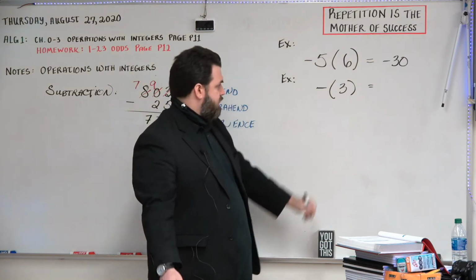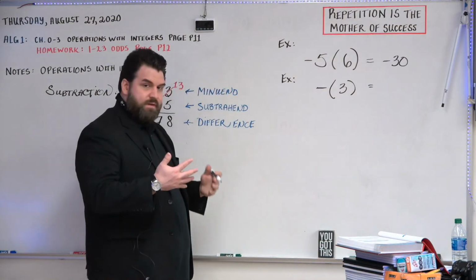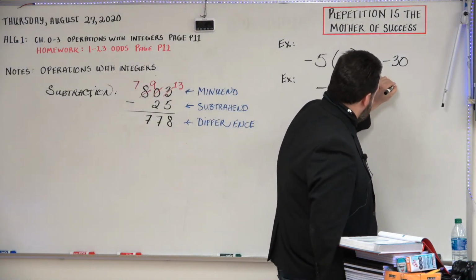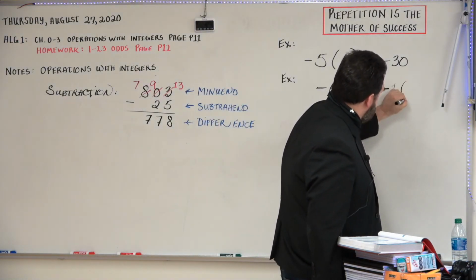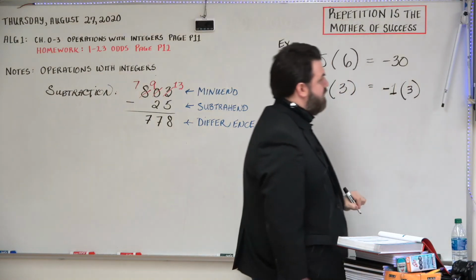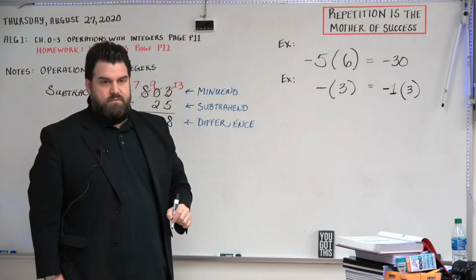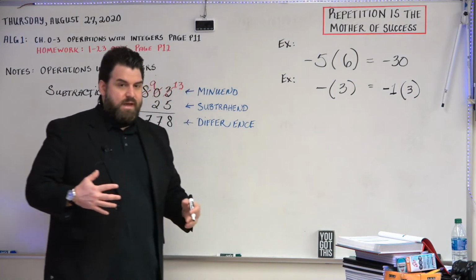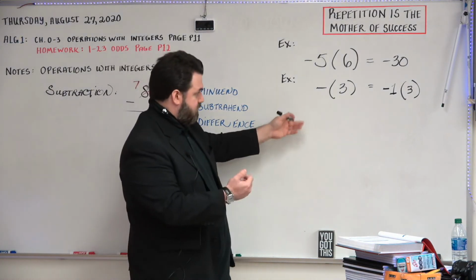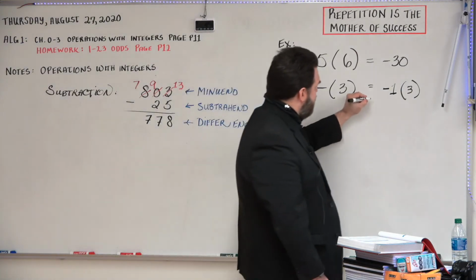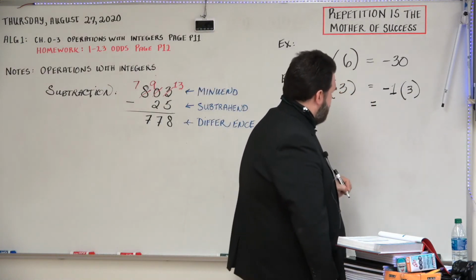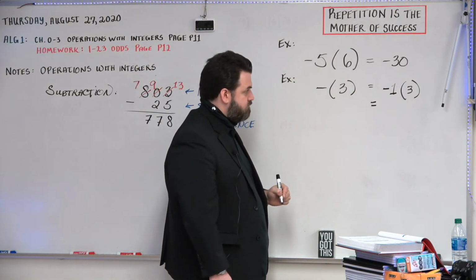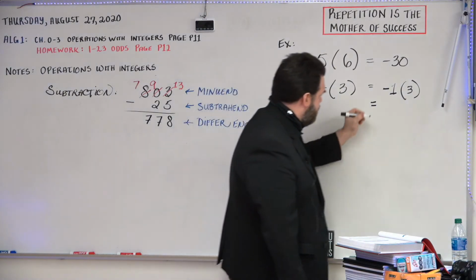What's really happening is that this is -1 times 3. This will become more important when we're actually doing algebra and not just arithmetic. So what is -1 times 3? -3.